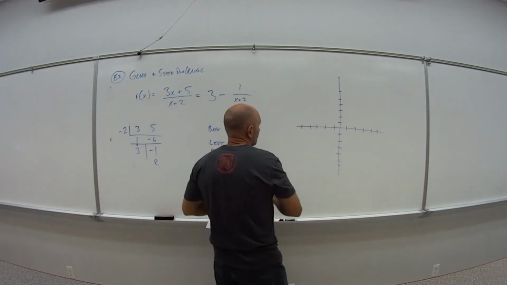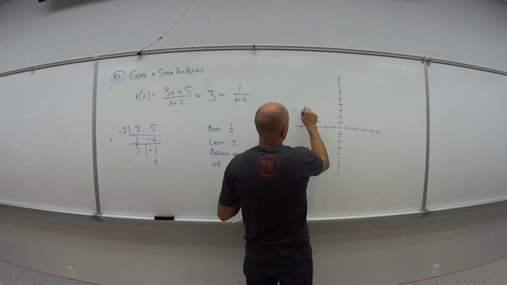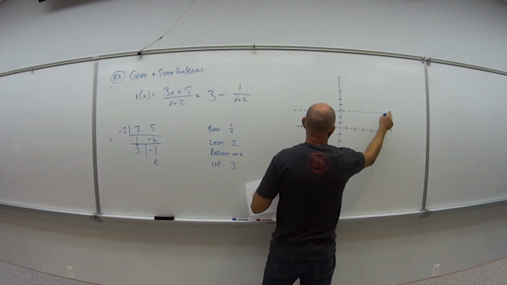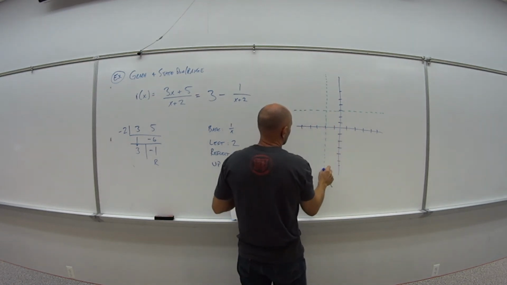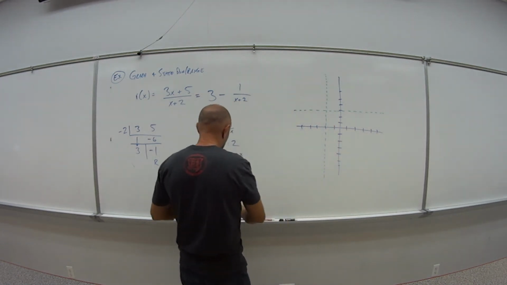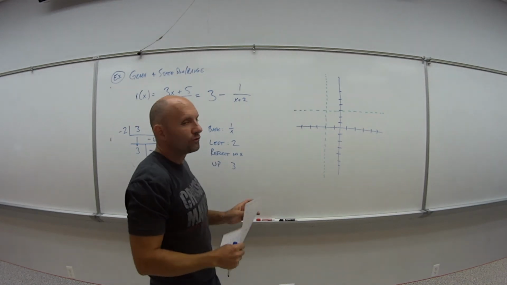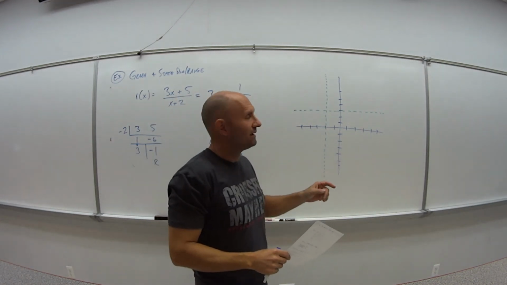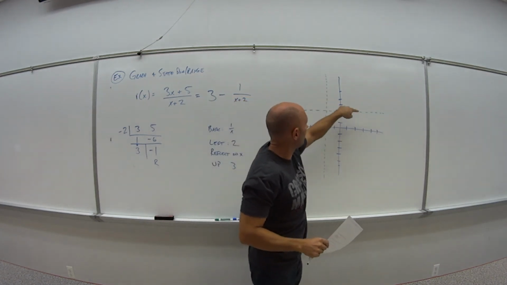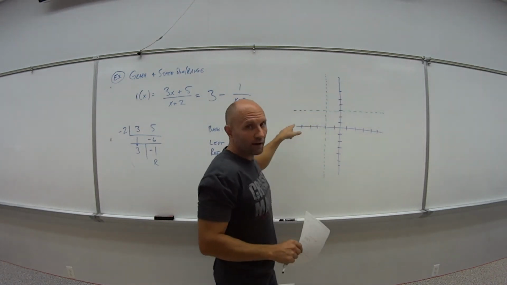So the asymptotes are actually going to lie at that point there. So I move the asymptotes. I know this is where the graph lines up. Typically it would be the upper right and the lower left.